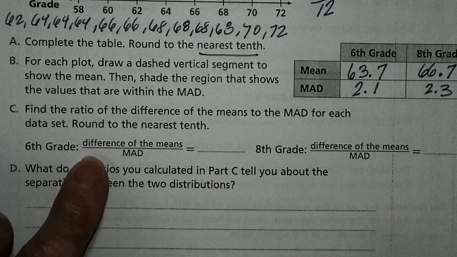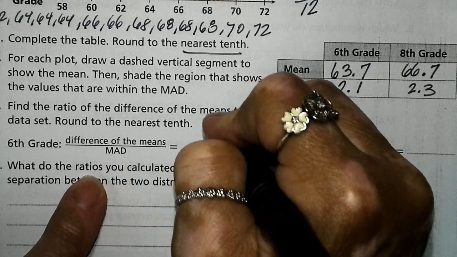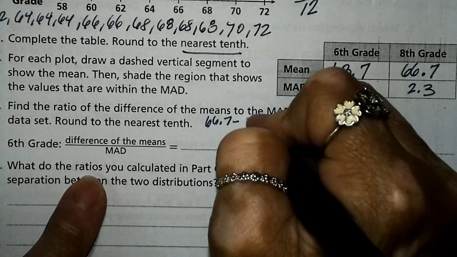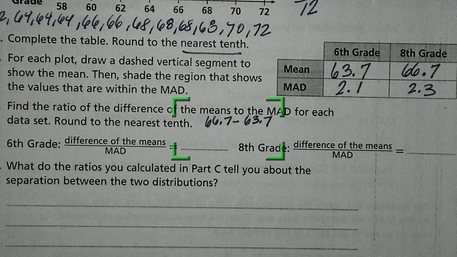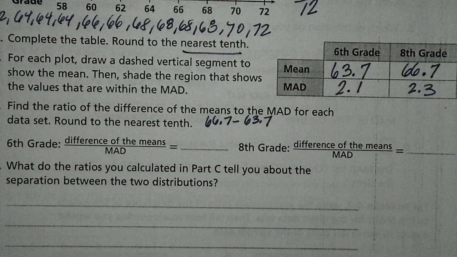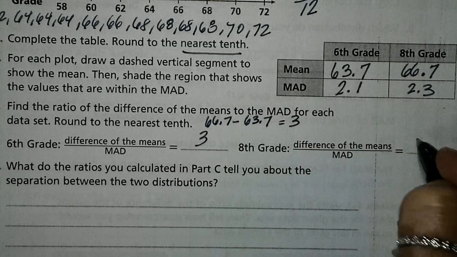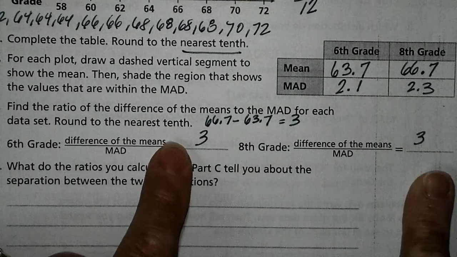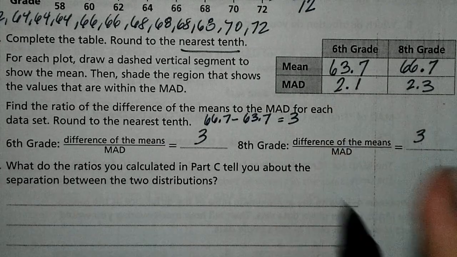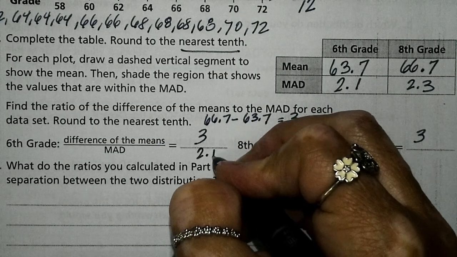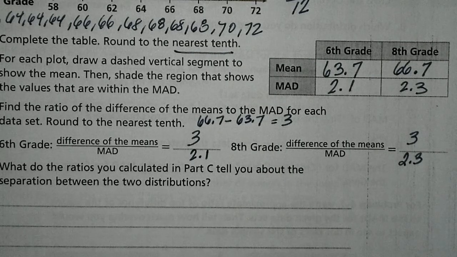Okay? We're still going to find the difference of the means. So we're still going to do 66.7 minus 63.7, which is 3. So that would be the same, but the MADs are different. So the MAD for 6th grade is 2.1. The MAD for this one is 2.3.